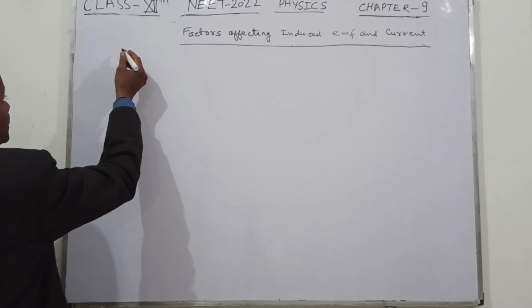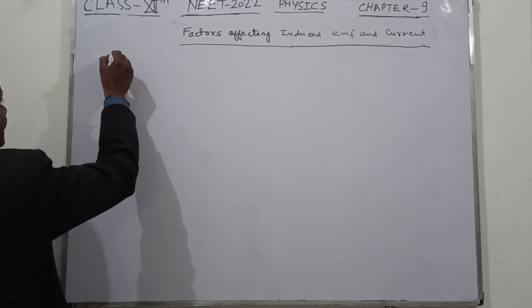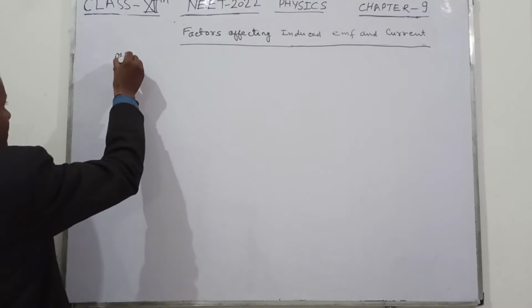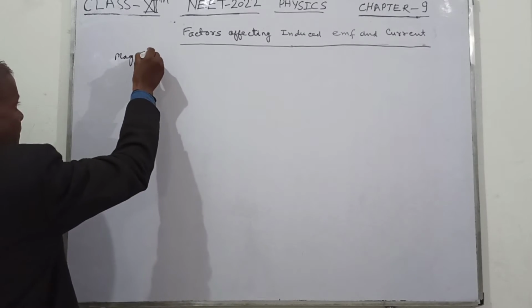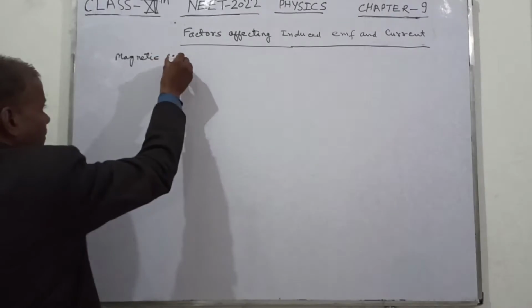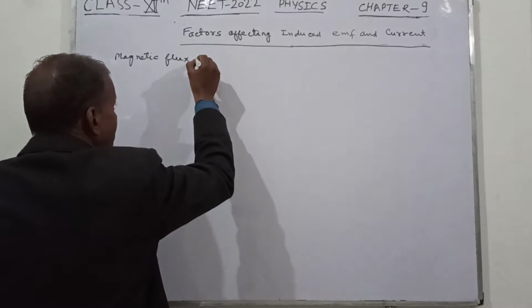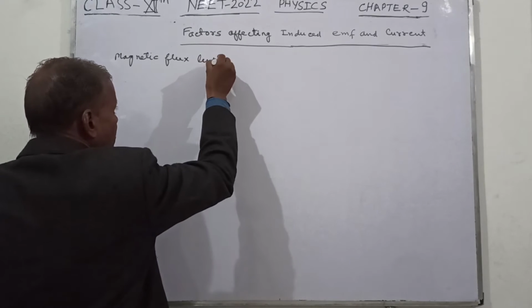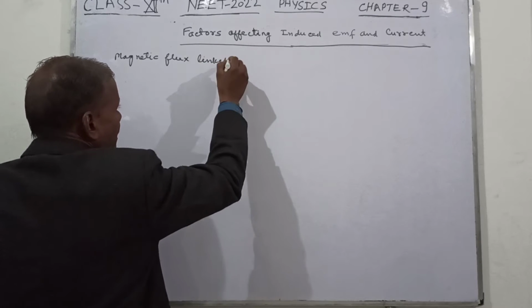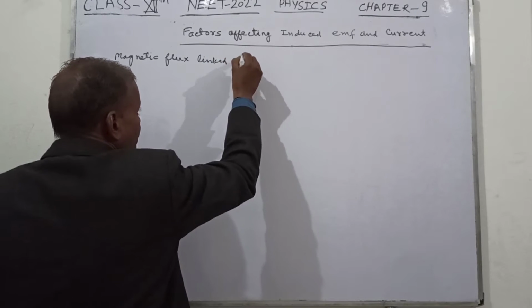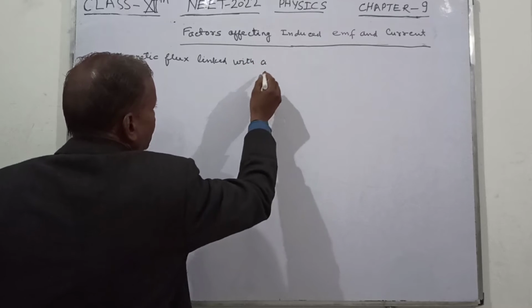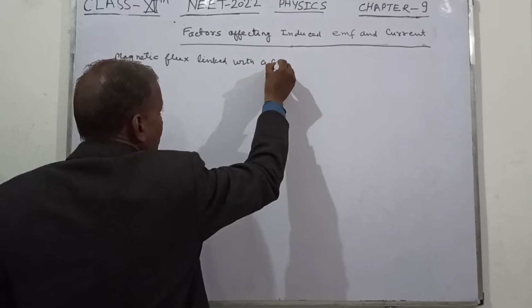So, magnetic flux linked with a coil of n turns.